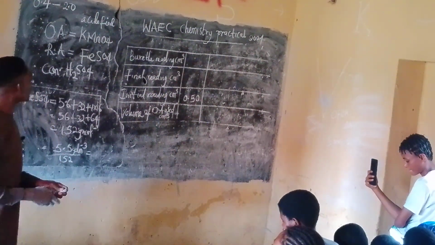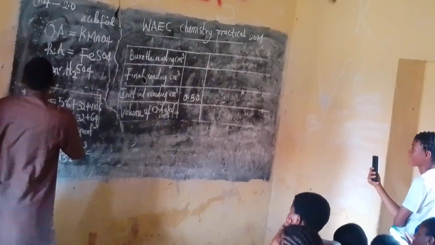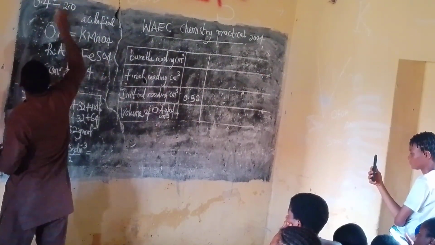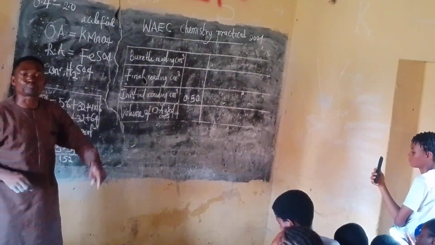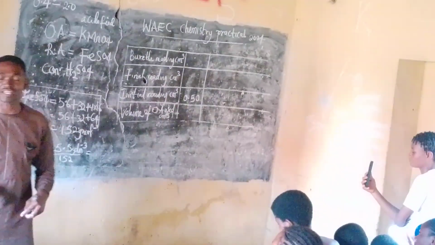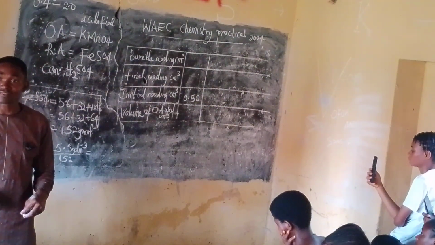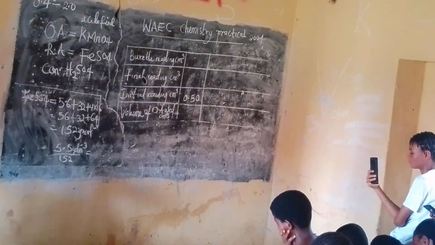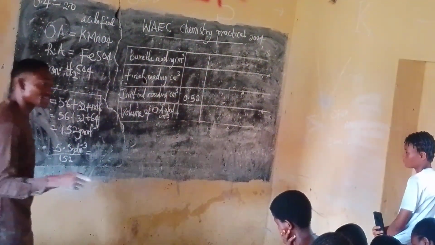Now, if I add 0.4 to 11.7, what would that give me? 12.10, right? So that gives us 12.10.